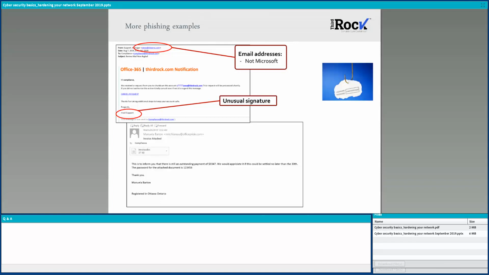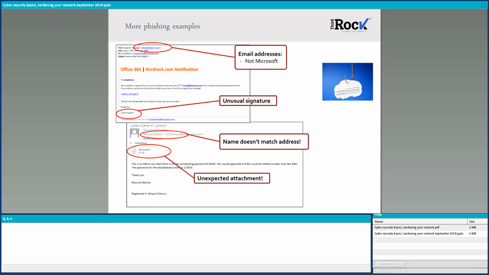In the second message, the name that they advertise is not the same as the person in the email. And you're getting an unexpected attachment, and they're providing a password for it. Clearly, this is something that you're not expecting. Don't click on the hyperlinks.